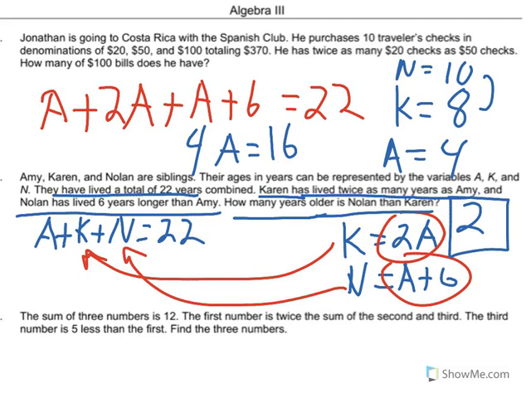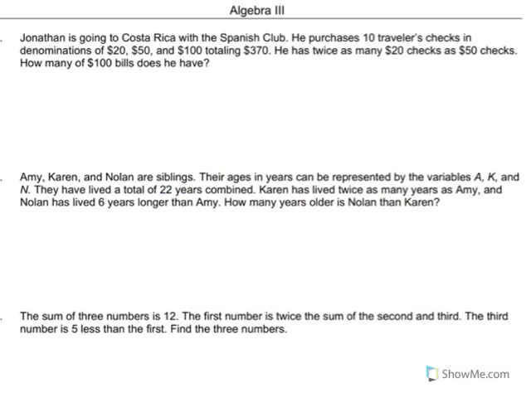The last one says the sum of 3 numbers. Guys, we don't know what the 3 numbers are, so x, y, and z is equal to 12. Make sure you understand that anytime you see "is," it is equal to.